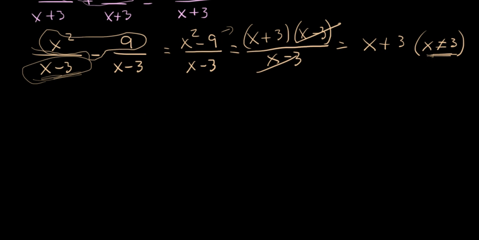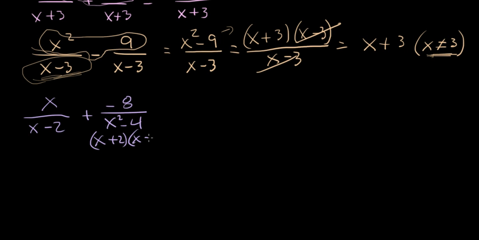So how about one a little bit more difficult, a little trickier, where we actually do have to find the least common denominator. So let's find the common denominator. x over x minus 2 plus negative 8 over x squared minus 4. Now, the first thing I see here is that x squared minus 4 can be factored into x plus 2 times x minus 2. And I can see that x minus 2 is a factor of this.